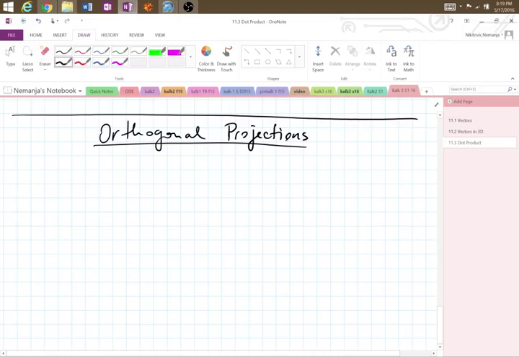And the projection is, where? The second one. There it is. So, projection of U onto V. Vector U is the main vector and V is kind of the guiding one.